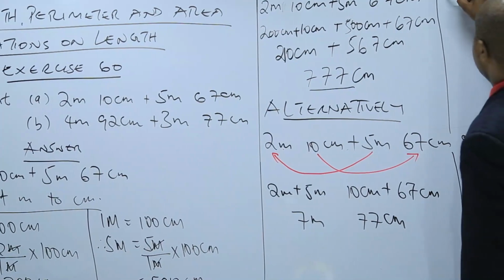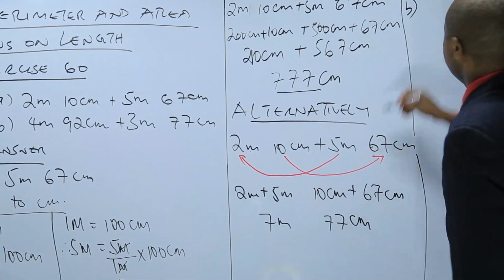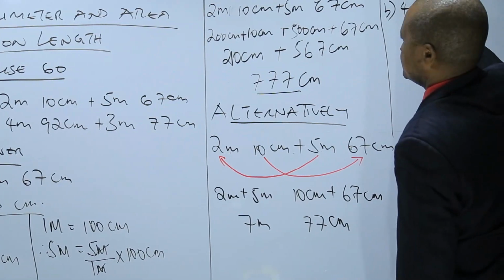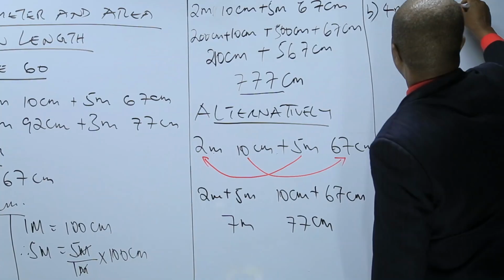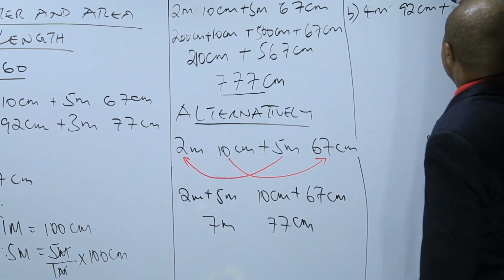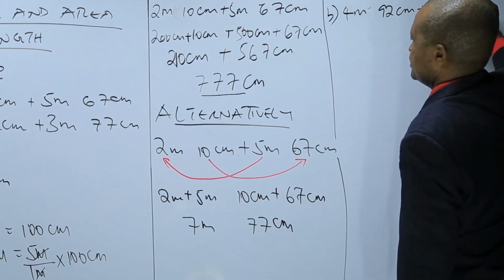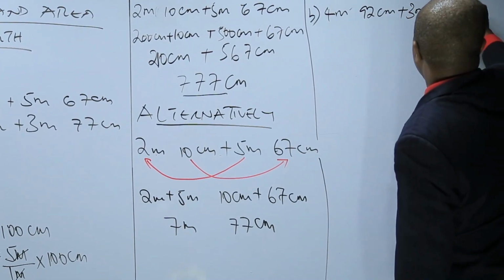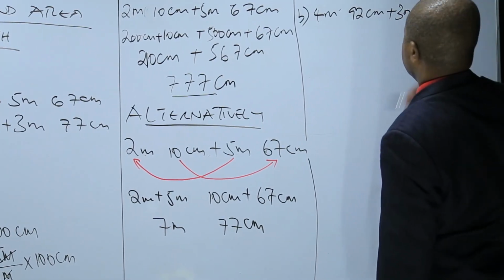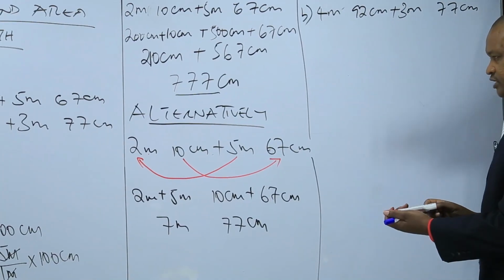Let us answer B. 4 meters and 92 centimeters plus 3 meters and 77 centimeters.